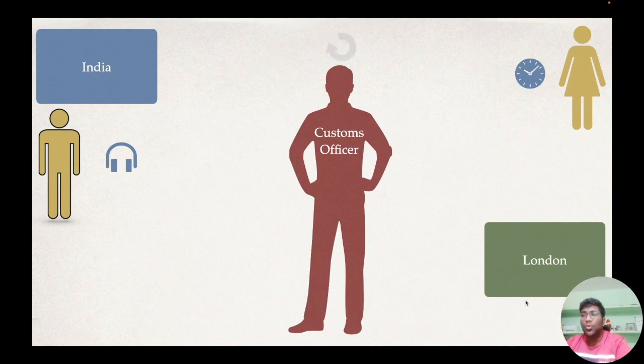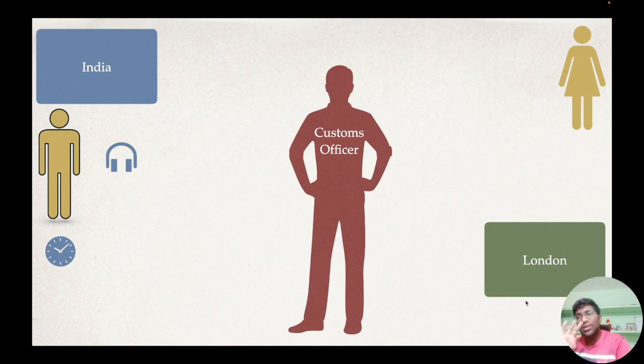He validates everything, and then says, of course I will let you get your watch. So the watch can be transferred, which means I am able to access a resource from London to India because India is in the trusted list of London.